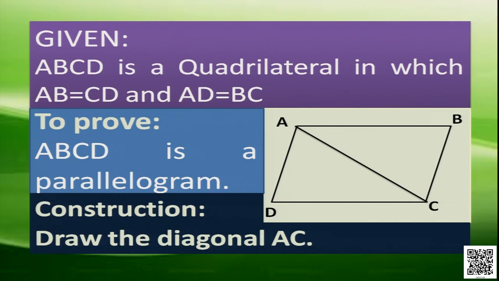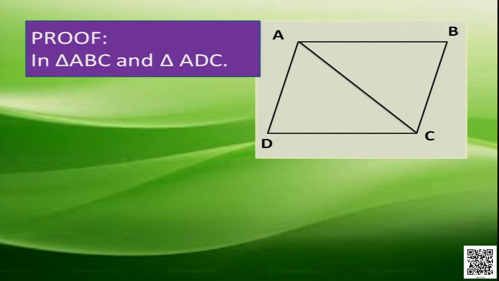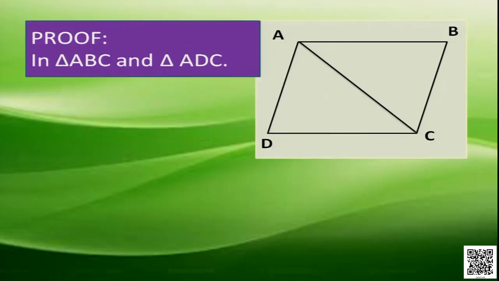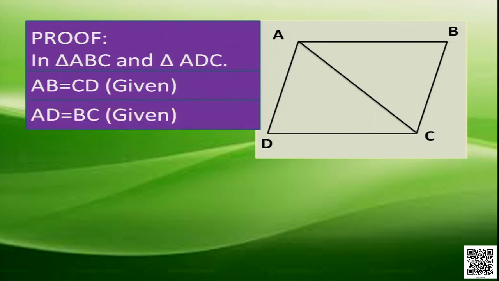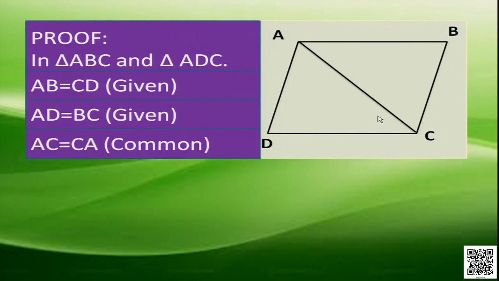Now, how to prove? In triangle ABC and triangle ADC, what are equal? The opposite sides, that is sides AB and CD are equal, and AD and BC are equal. So, we can write AB is equal to CD as it is given, and AD is equal to BC, it is also given, and this AC is the common side.